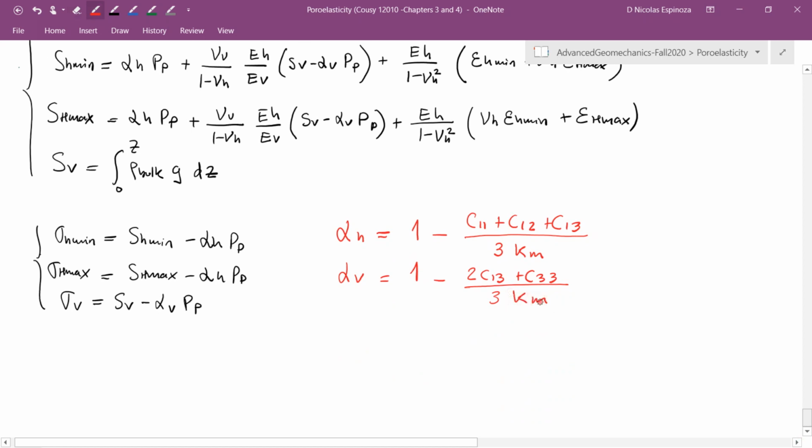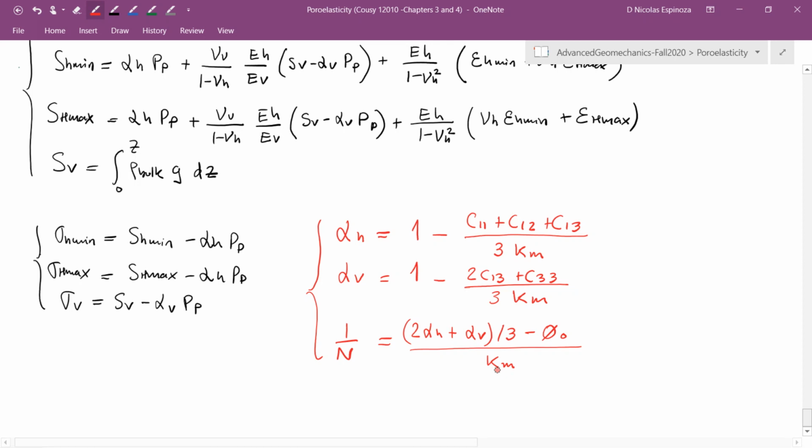The one that you probably may not find is the one of the pore modulus N, and the pore modulus N is going to be equal to 2 alpha H plus alpha V divided by 3 minus the initial porosity divided by the bulk modulus of the matrix. So you see that it's similar to the one of the isotropic solid, it's just an average of that.